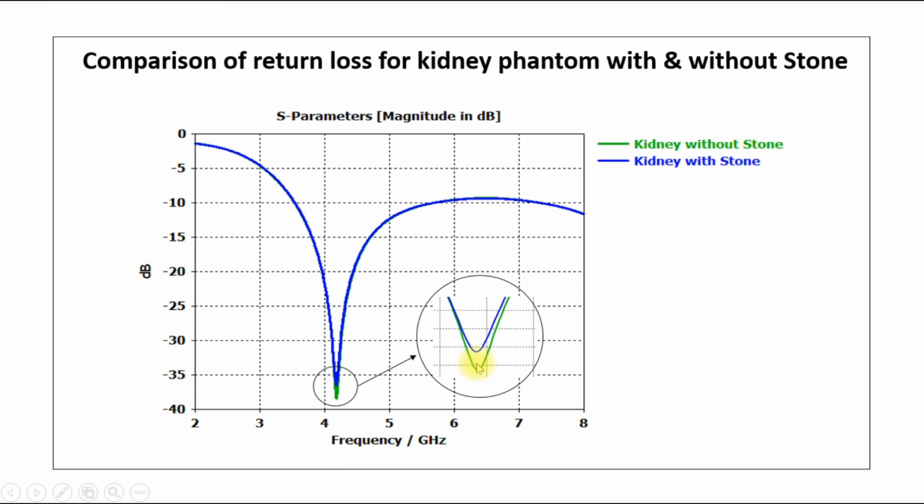The green graph is kidney without stone, and the blue graph is kidney with stone. So kidney with stone has a lesser return loss value compared to kidney without stone. Using this difference, we can identify whether a stone is present in a kidney or not.